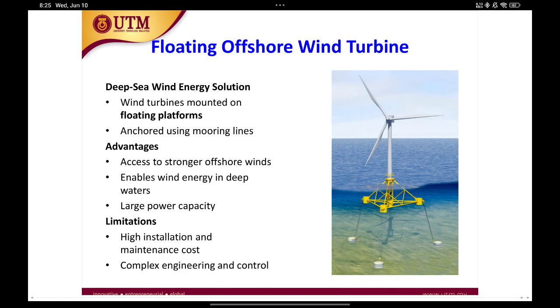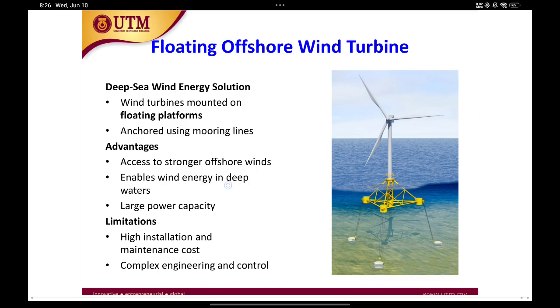And then like I said before, for offshore wind turbines usually you have to pile down the tower. The floating one is under development, still under research. It is a wind turbine mounted on a floating platform, a stronger offshore wind turbine. Like I said before, the further you go, the higher the wind speed.